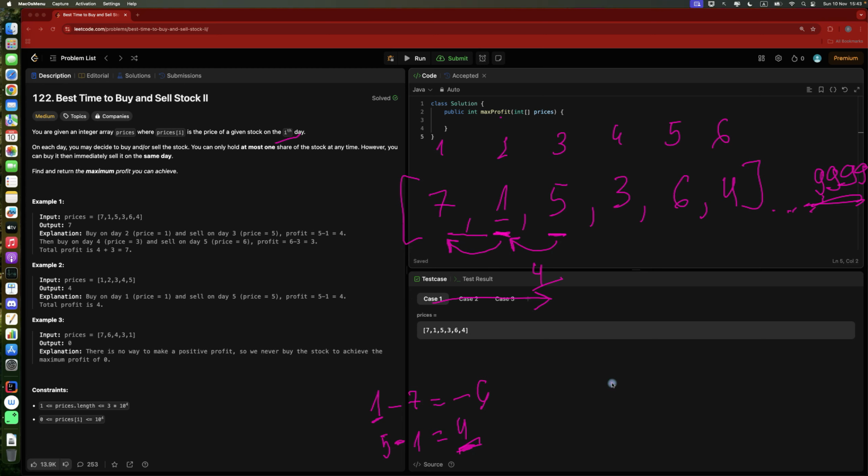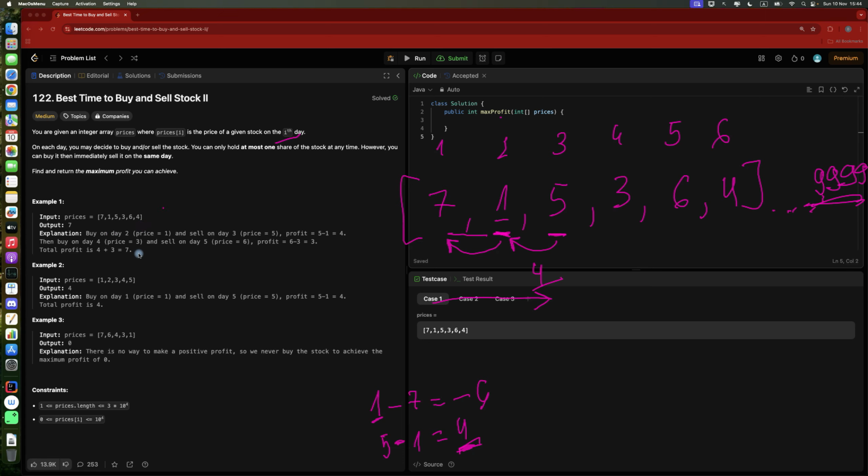But the greedy approach doesn't work this way because we must make transactions non-stop. Because you don't know. Here it can be some big number, but in the middle of this, if you are saving your money, there can also be a big number. So you should be greedy, right?